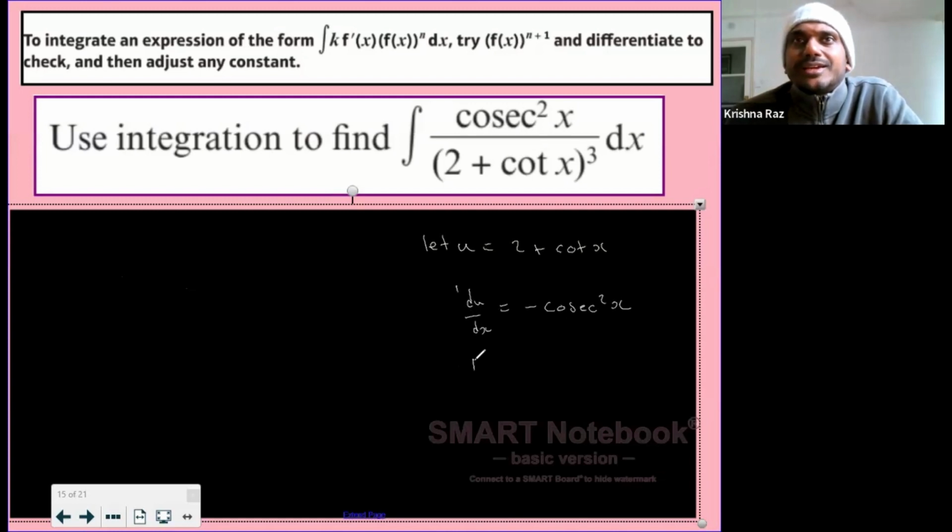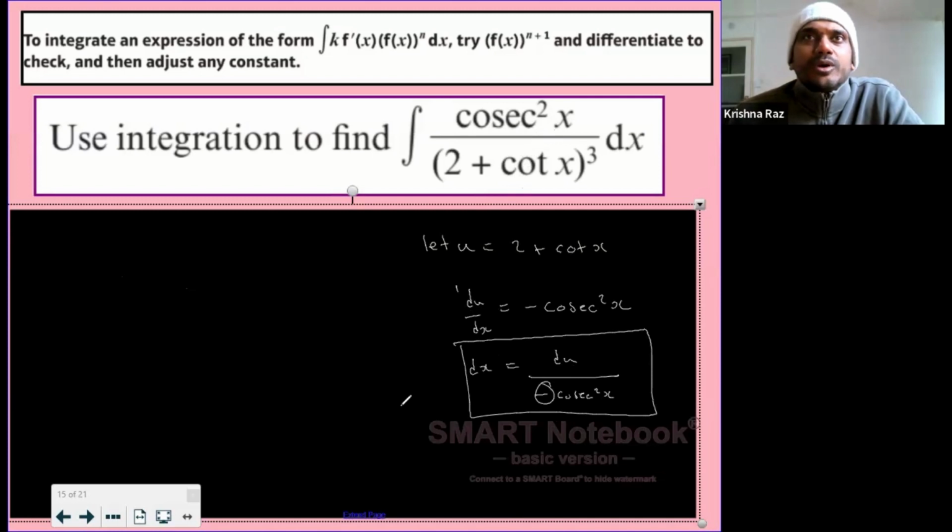So we have dx is going to be du over minus cosec squared x. So suddenly, there's a cancellation, but there's a minus sign that we have to be aware of. So we can rewrite the integral as the negative of the cosec squared x will cancel, and we suddenly have u to the power of minus 3 du.